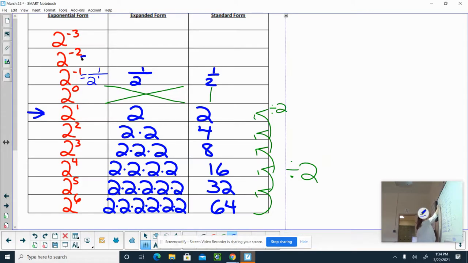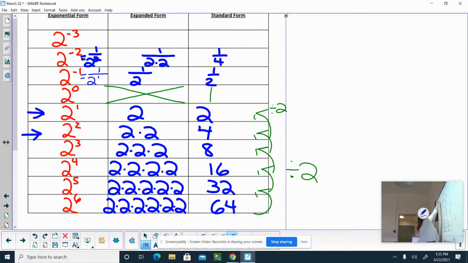2 to the negative second means 1 over 2 to the positive second. It is the reciprocal of what 2 to the positive second is. And if we come down here, the expanded form is 1 over 2 times 2, which is equal to 1 over 4.